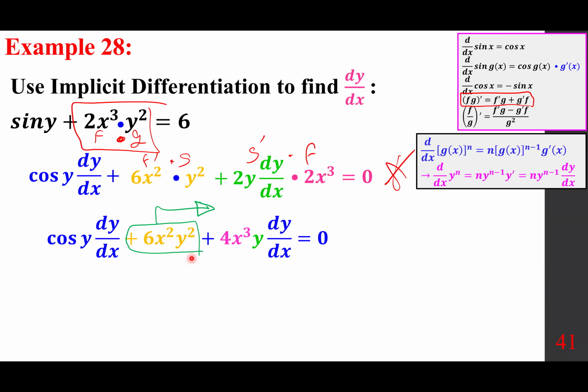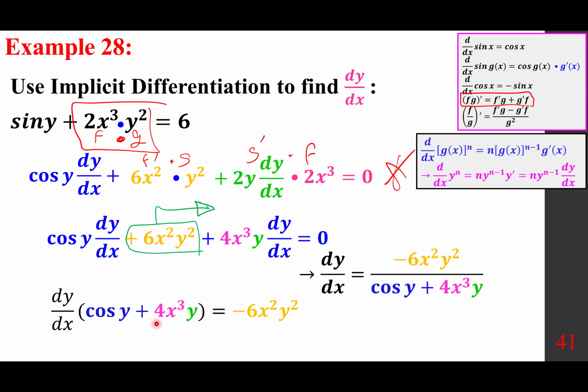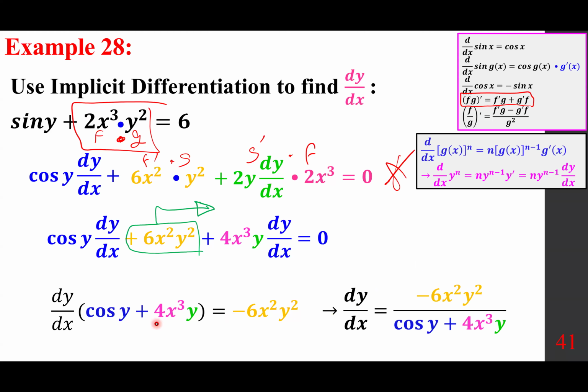If I take the dy dx out, this gives me cosine y, this gives me 4x cubed y. So on the left side, factor out the dy dx and move this one, make it negative on the other side. So what is dy dx? The right side divided by the parentheses. So dy dx is the right side, negative 6x squared y squared, over the parentheses cosine y plus 4x cubed y.